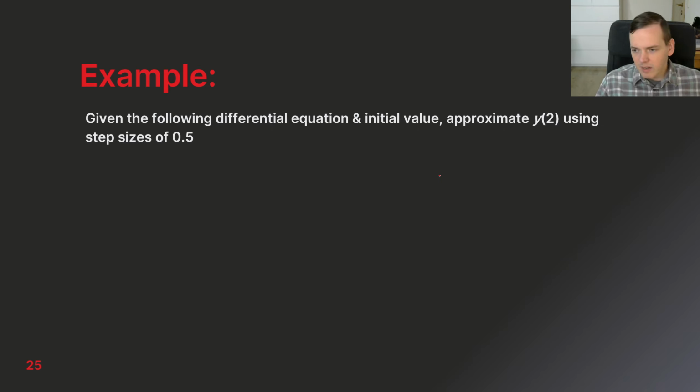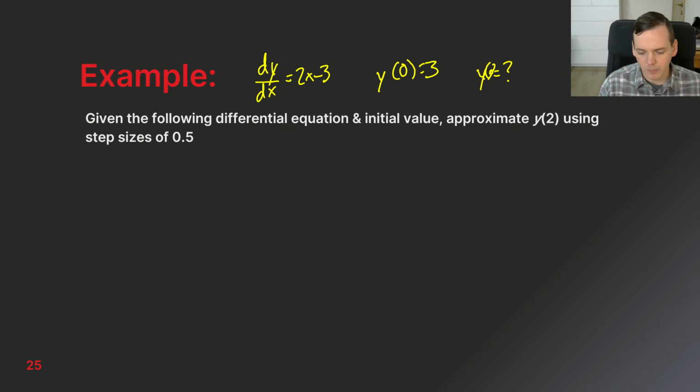So looking at an example, if I have a differential equation, say dy by dx is equal to 2x minus 3. And I'm starting at y of 0 equals 3. And I want to find what y of 2 is equal to.